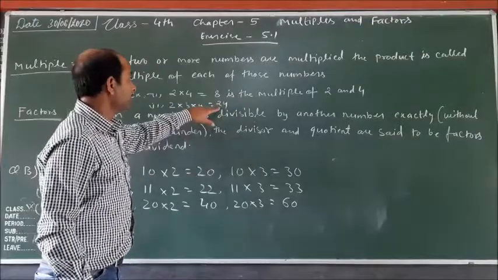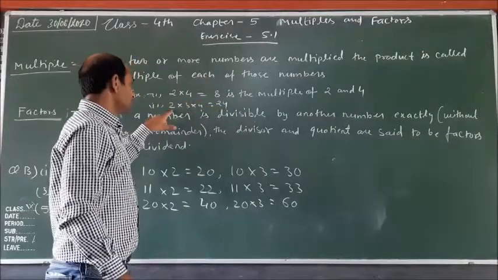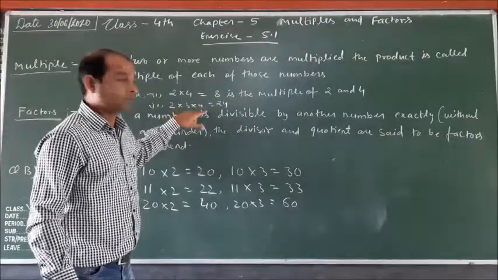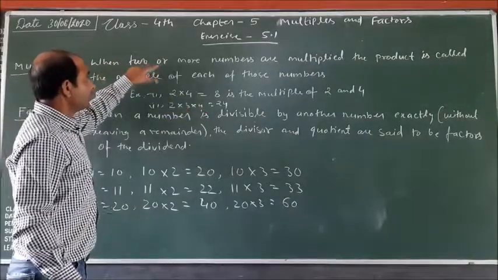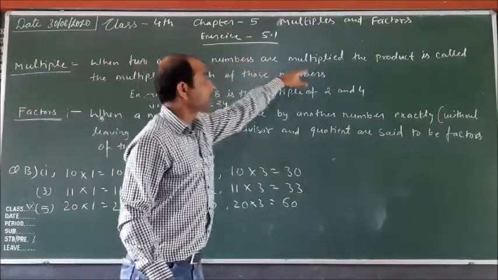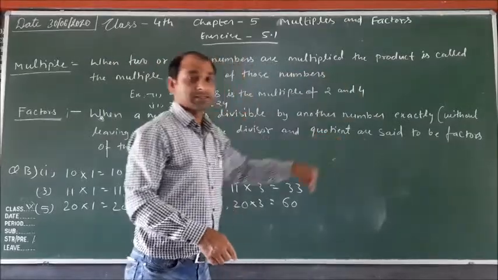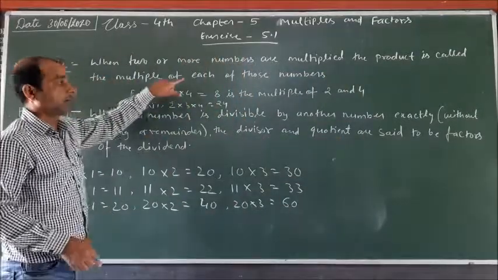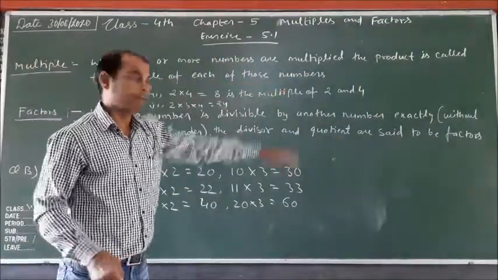Then 24 is the multiple of 2, 3 and 4. So when two or more numbers are multiplied, the product is called the multiple of each of those numbers.